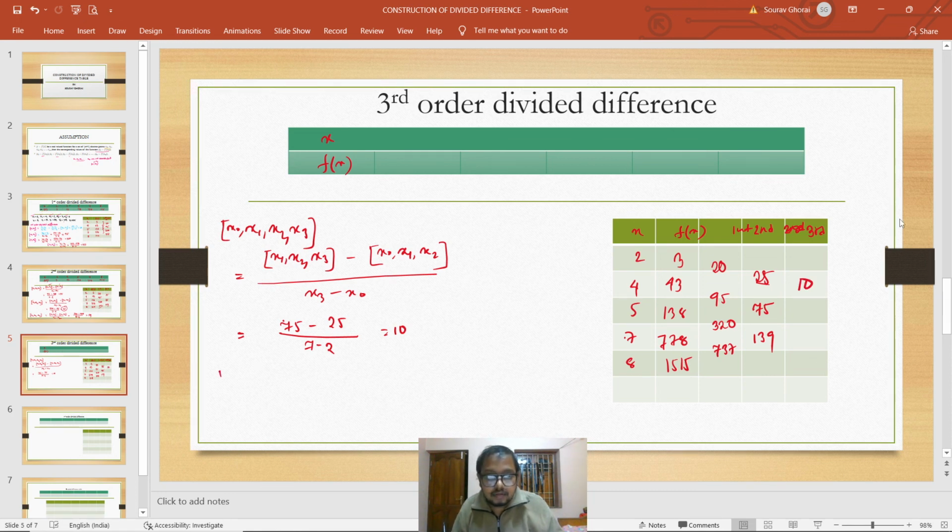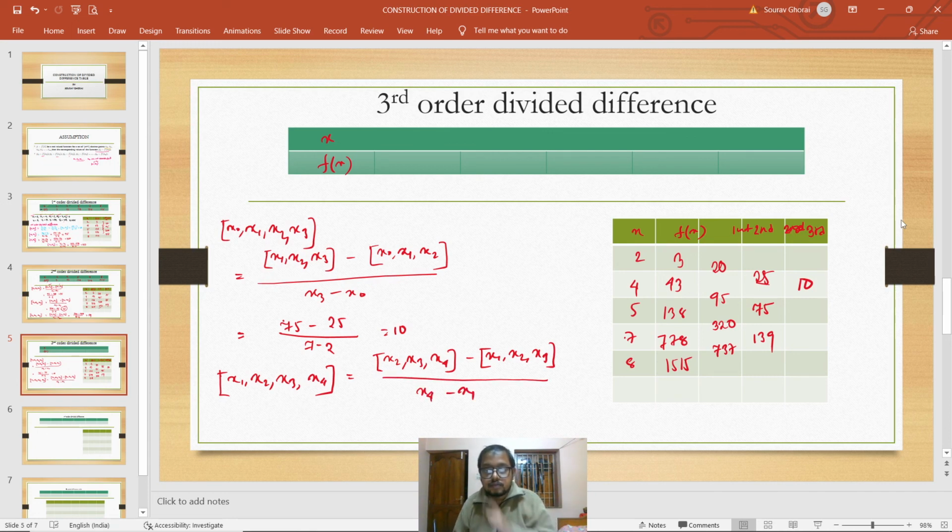And here we will find [x1, x2, x3, x4]. And this will be, now we can write it, [x2, x3, x4] minus [x1, x2, x3] divided by x4 minus x1. So what is the value here?